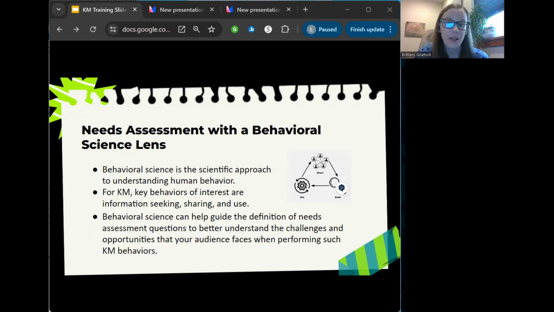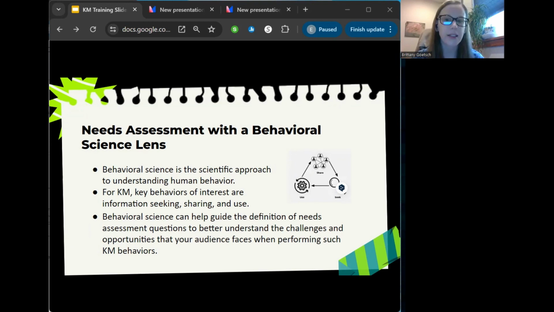So for KM, the key behaviors are seeking information, sharing information with others, and using that information to improve your work. So we can therefore approach our needs assessment with a behavioral science lens to guide questions that will help us better understand the challenges or biases that people face when performing these types of KM behaviors, as well as opportunities that we can capitalize to motivate more of these behaviors.